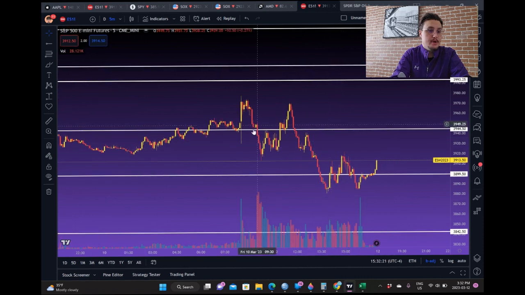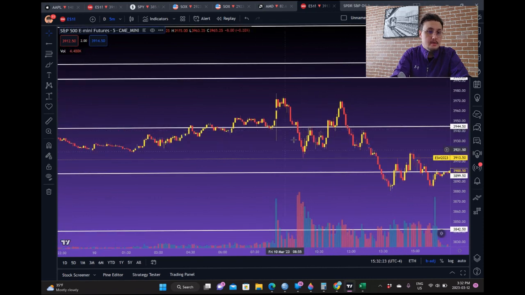So if we were to break down here, right, I would immediately jump in short. I would market sell short, and as soon as we are pushing down, I am setting my exit for flat, right? Because I don't know whether this is going to find support in this range, or whether it's going to actually flow down.